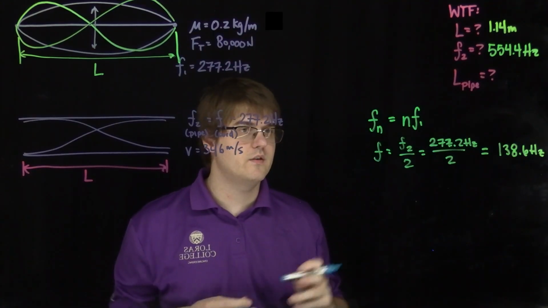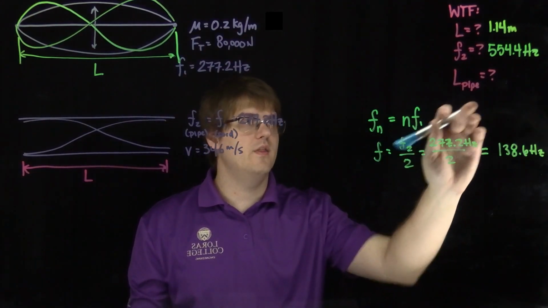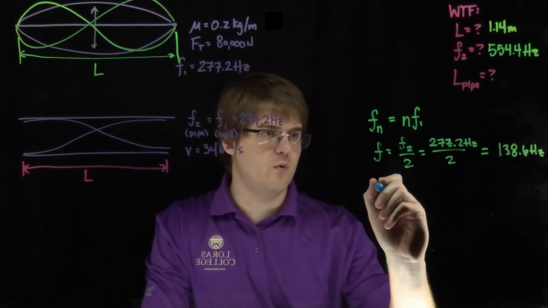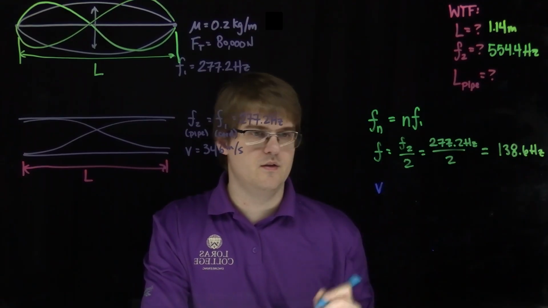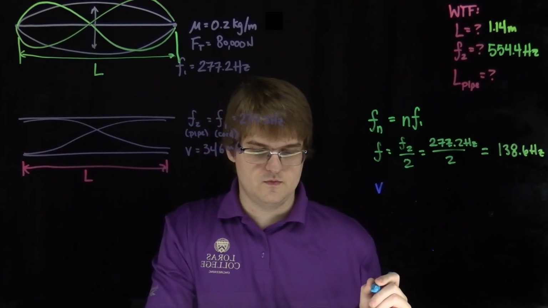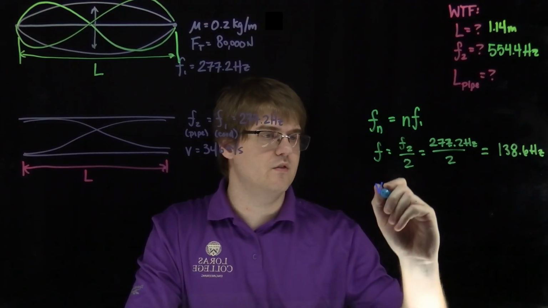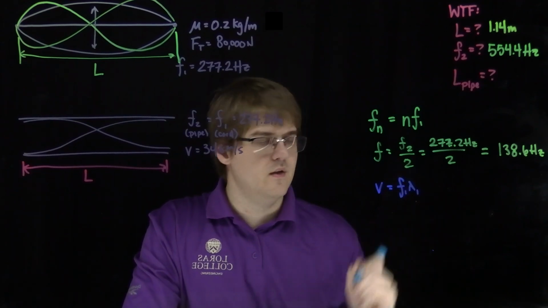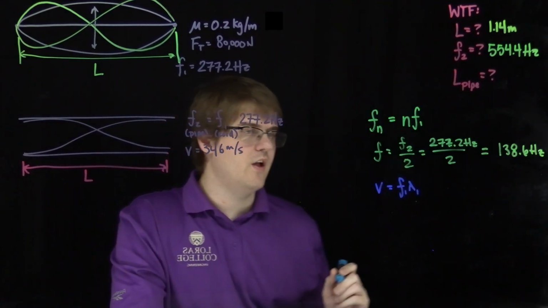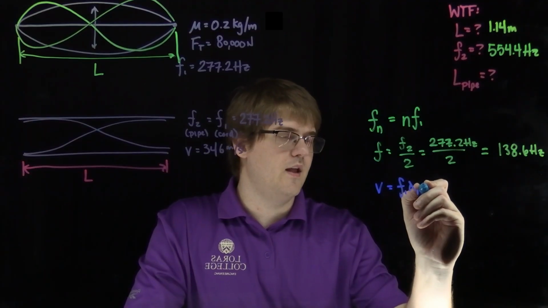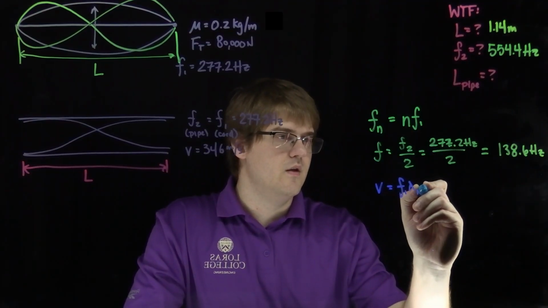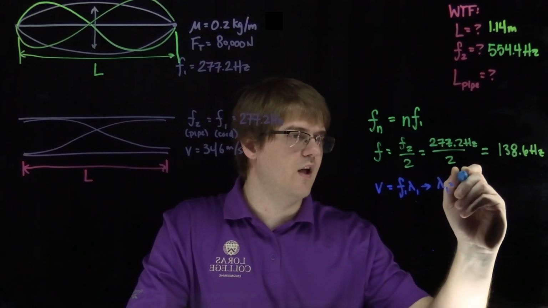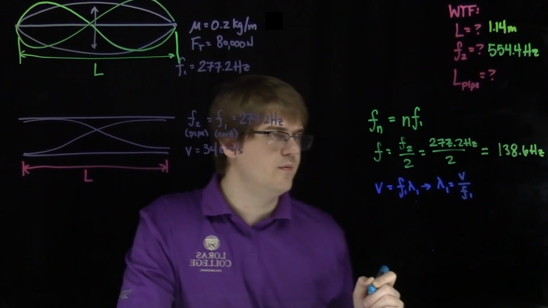Moving forward with that, we still want this L. So the first thing I'm going to need to do is get my velocity. I'm going to need to get my wavelength. So velocity is going to be my frequency times my wavelength. So lambda 1 times frequency 1 is velocity. I can go ahead and say that my lambda 1 is going to be equal to my velocity divided by my frequency 1.